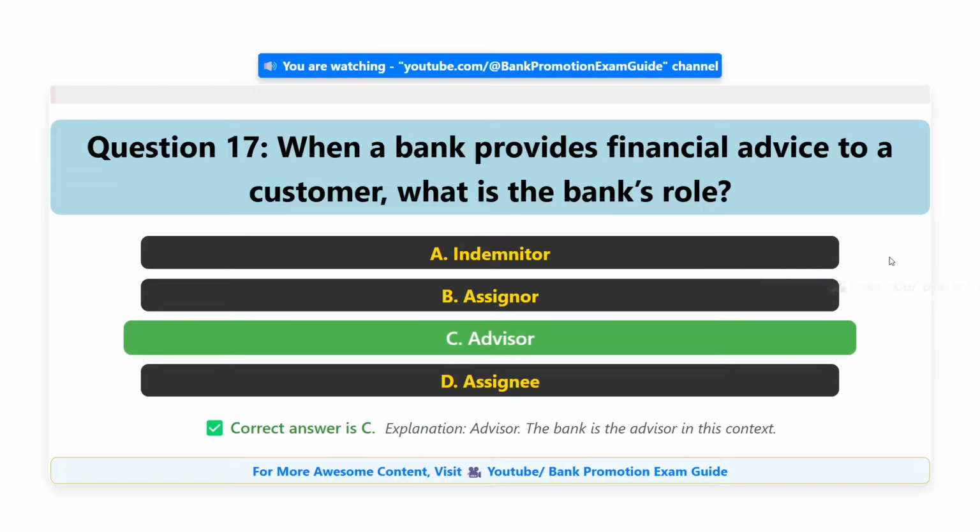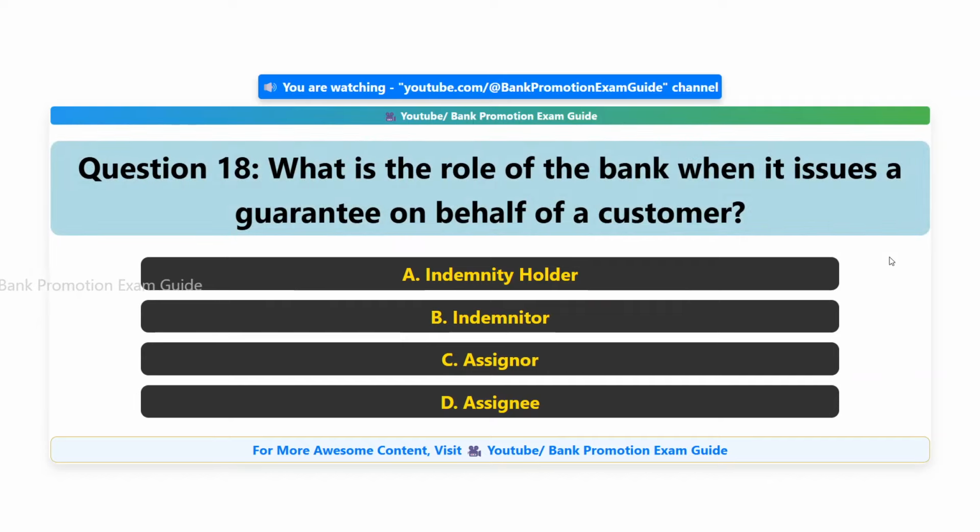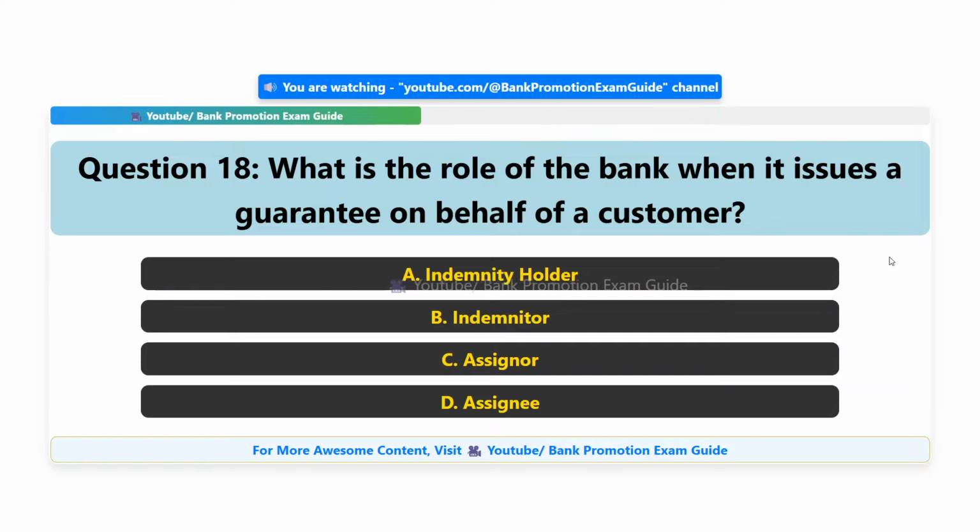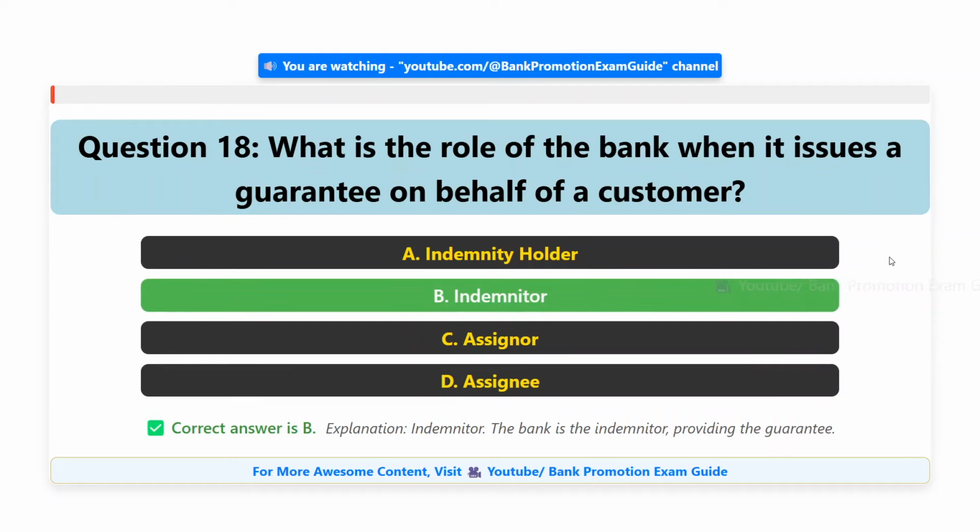Advisor. The bank is the advisor in this context. Question 18. What is the role of the bank when it issues a guarantee on behalf of a customer? Indemnitor. The bank is the indemnitor, providing the guarantee.